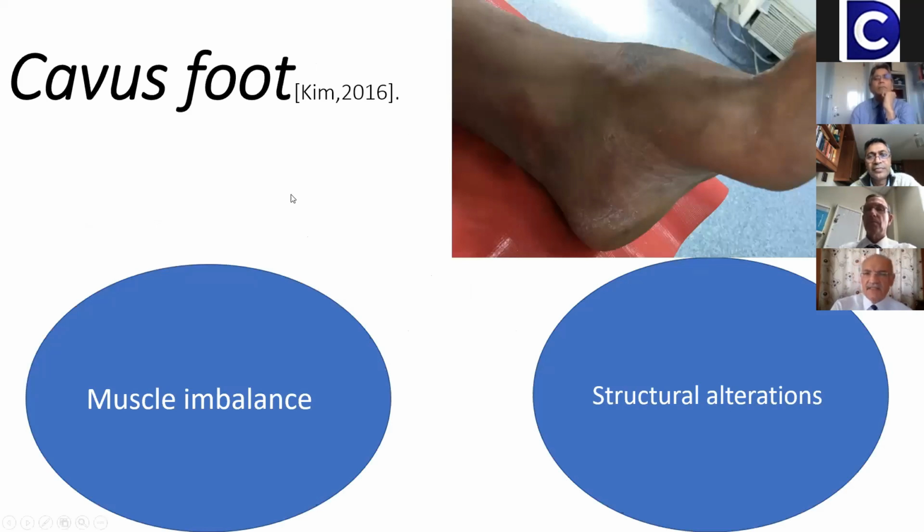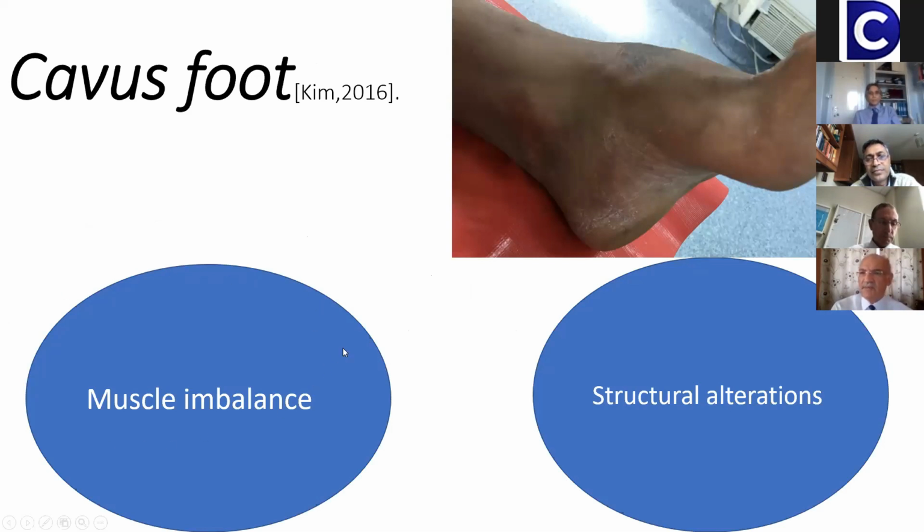This is the worst example you can give if you want to discuss deformities of the foot: the cavus foot. Cavus foot is the worst. This is the most difficult deformity to deal with. If you think about the deformity, you have to think about muscle imbalance and structural alterations. In the foot, you have to think about the muscle imbalance.